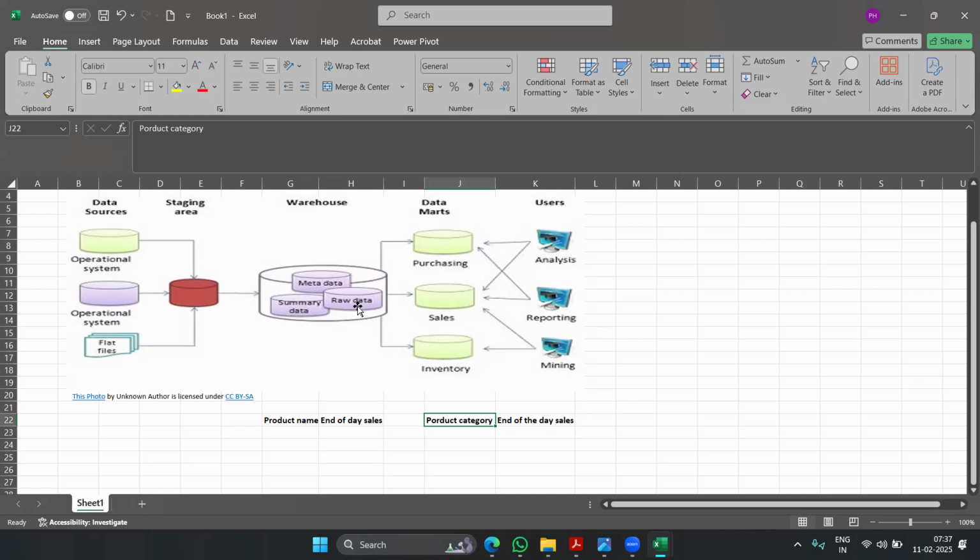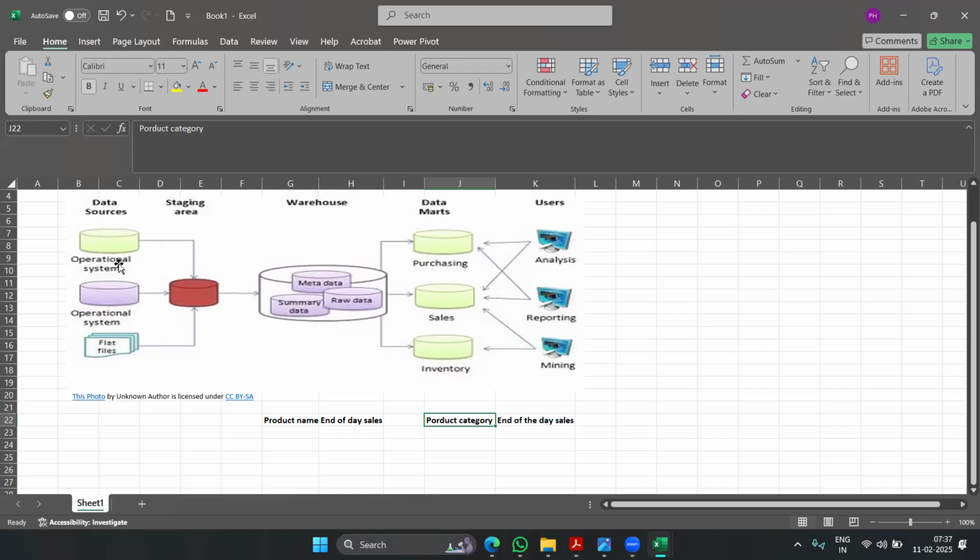Also in the future, if a regulator came and asked, I want to see all your customer activities performed over a period of time, then we are going to use this raw data. Whereas in operational systems, we don't maintain the history. Suppose you as a customer of a bank, today you are living in one address. After 2 years, you have changed your address. Again after 1 year, you changed your address.